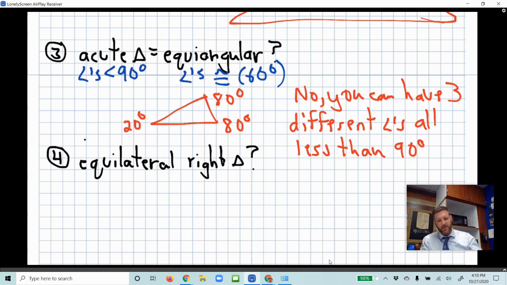So the answer to that is no. And again, this is just getting you used to the different classification terms and using them to imagine specific triangles.